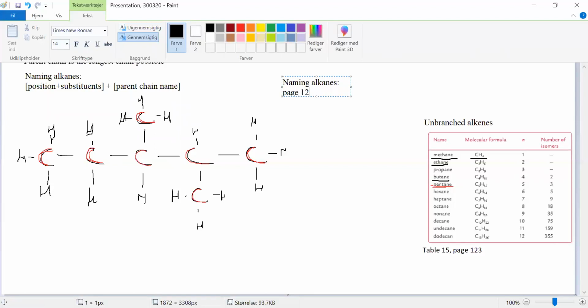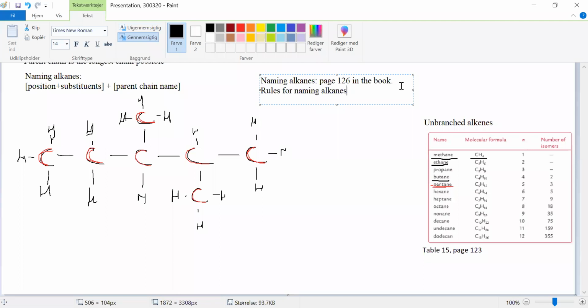There are listed some different rules for naming alkanes. So you should look in your book on those rules, and we can try to apply those rules to this molecule, because it's getting more and more complicated now.